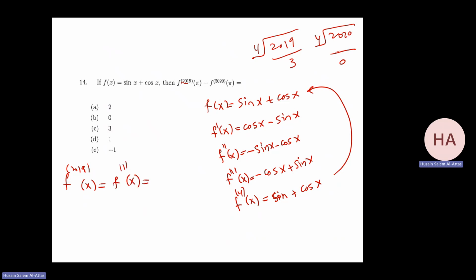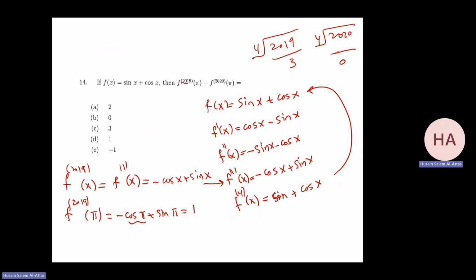And what is the third derivative? It is this one: minus cosine x plus sine x. What they want is it at pi. That will be minus cosine pi plus sine pi. Cosine pi is minus 1, times minus, and sine pi is 0. Minus 1 times minus, that will be 1.